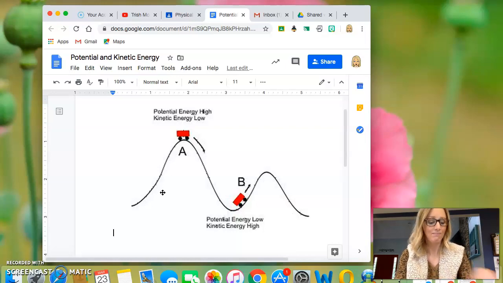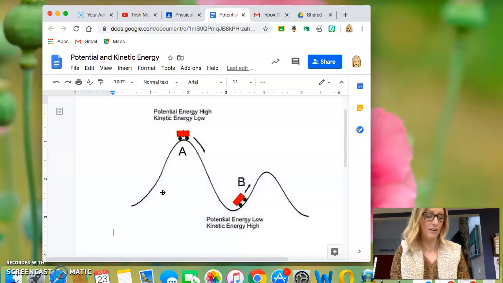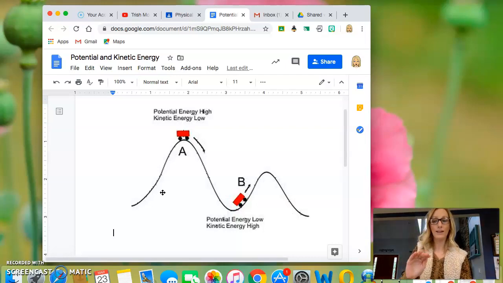Once you are done, you're going to do number 6 and 7. Number 6 says, a book sliding across a desk comes to a rest. It feels slightly warm. What happened in terms of energy changes? Think, when the book is sliding, it's moving, right? So that's kinetic energy. When it stops, it has potential energy.